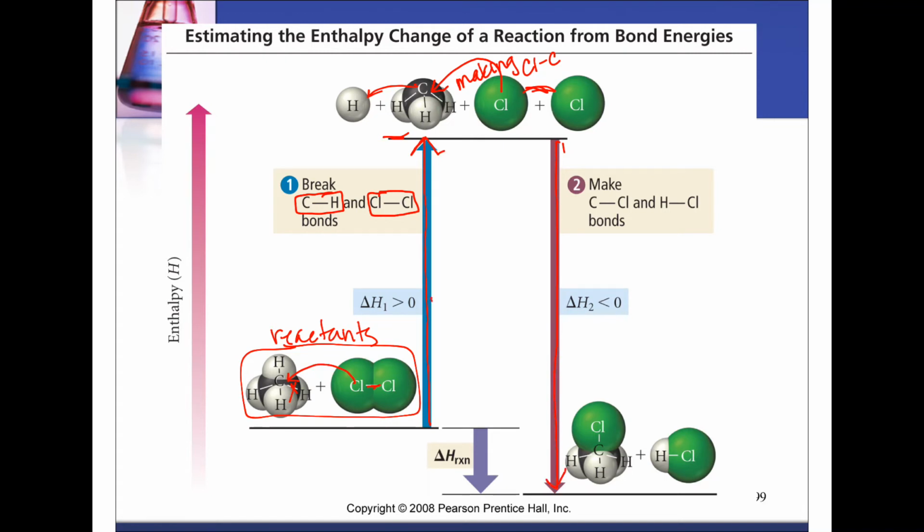All right, so this is like our investment. This is the profit. And the delta H of the reaction is the difference between them. So the more profit we get back, the more difference there's going to be. And these are our reactants over here.